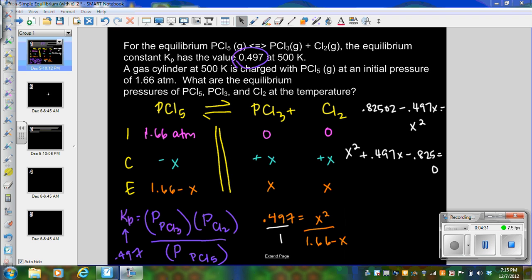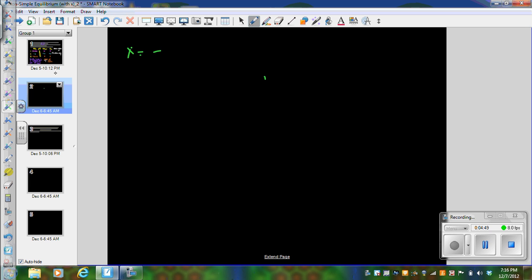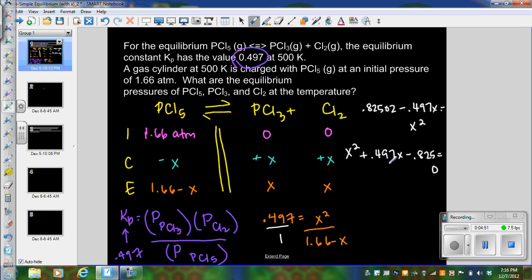Okay, so now I need to do the quadratic. x is going to be equal to negative b. So b is 0.497. I've got to remember this.